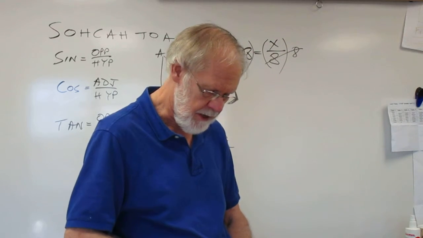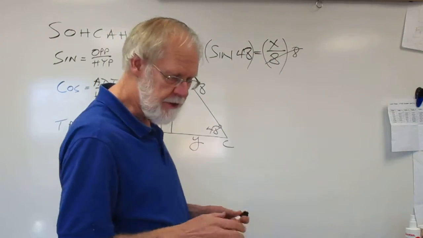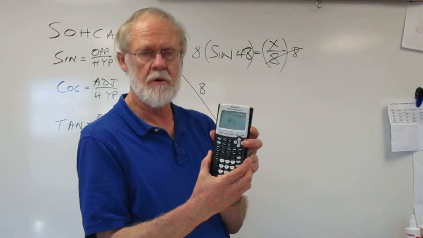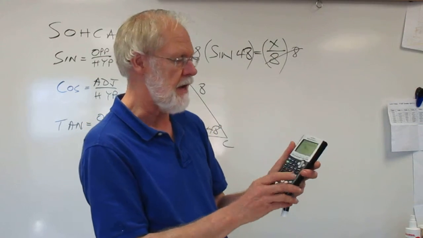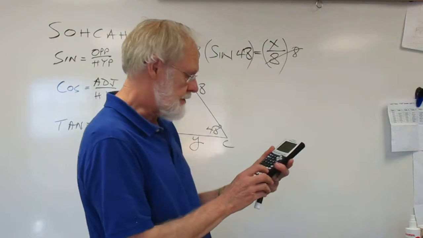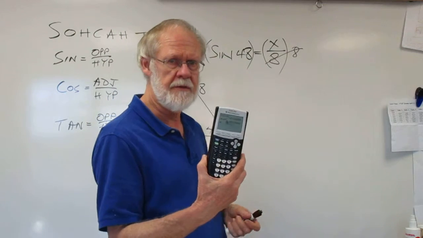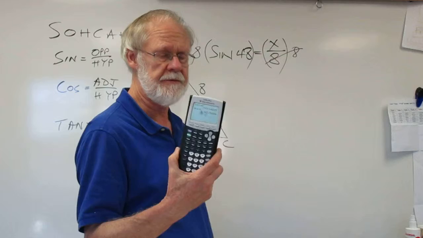The sine of 48 is 0.7431. Now, if I just leave that in the calculator and simply hit times 8 and hit enter, that way we preserve the entire sine of 48 that was in the calculator. We don't have to round it.